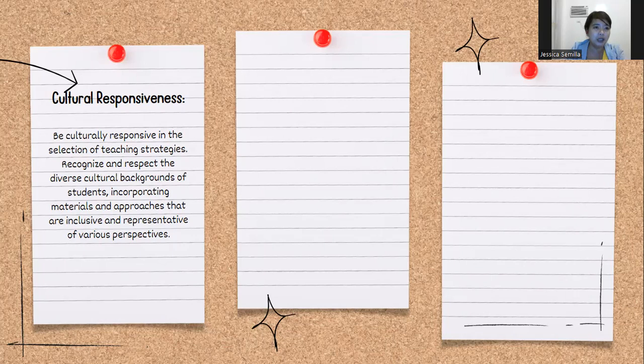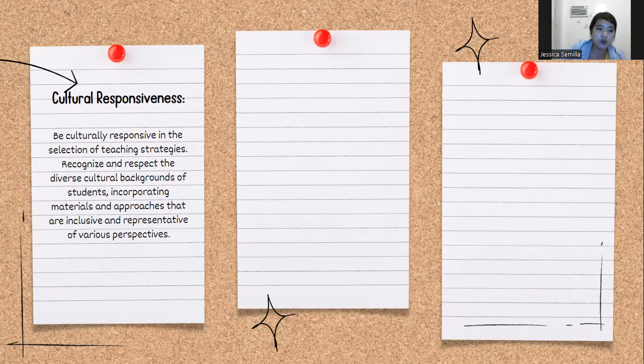When they are familiar, it's easy for them to connect with the topic because they already have prior background knowledge of what they have learned before, and can incorporate it with new knowledge.